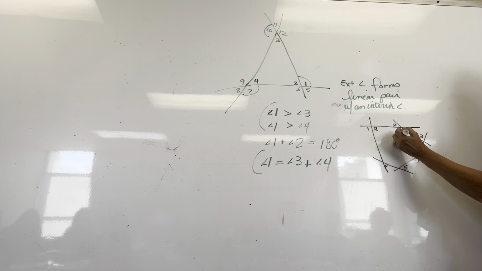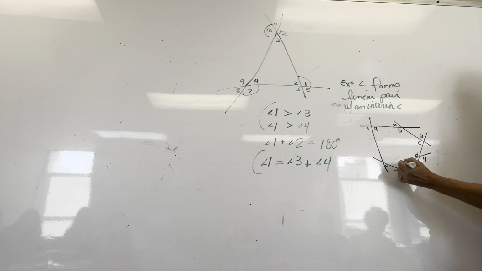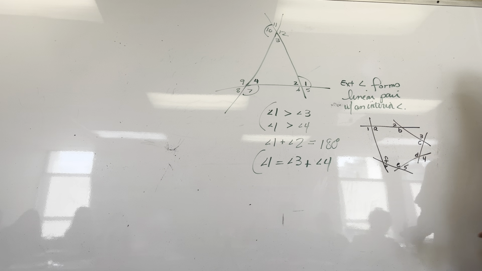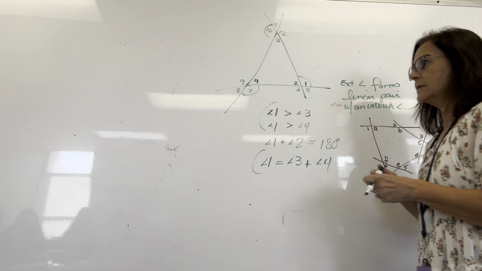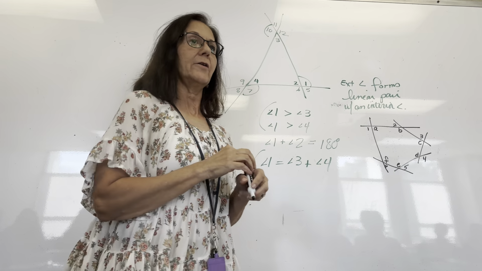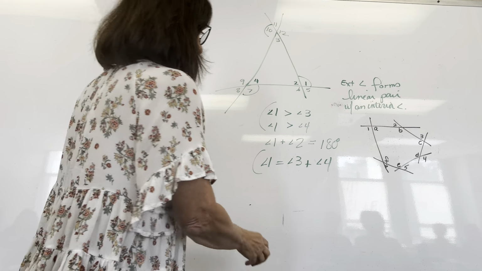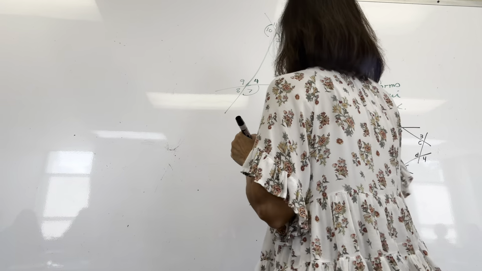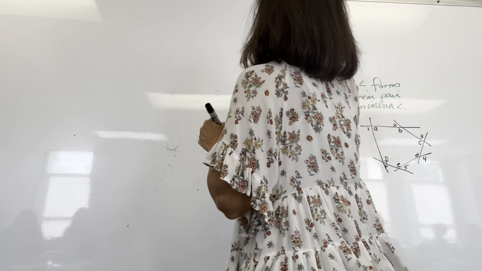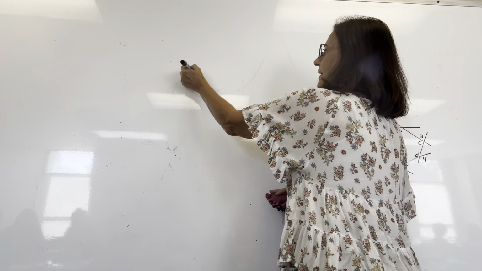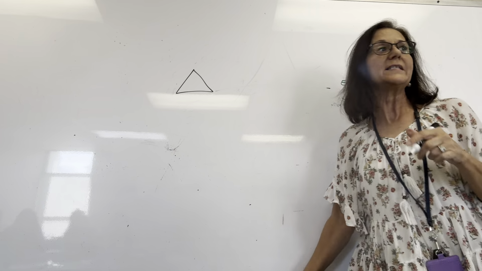We'll label these with letters. A, B, C, D, E, F. What would the sum of A, B, C, D, E, F be? All right, I gave you a pattern, I believe. A triangle has 3 sides.